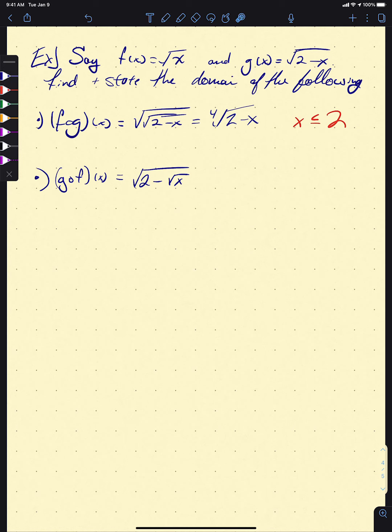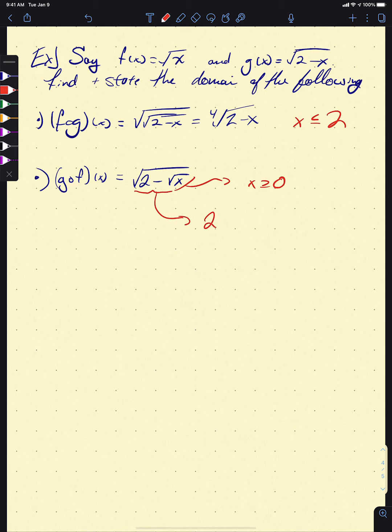One thing to notice here is that f of g and g of f are different. Here we have something that isn't commutative like we're used to most of our operations being. So what's the domain of this? Well, we sort of have two cases. Our square root of x, this guy here, tells us that x has to be greater than or equal to 0.